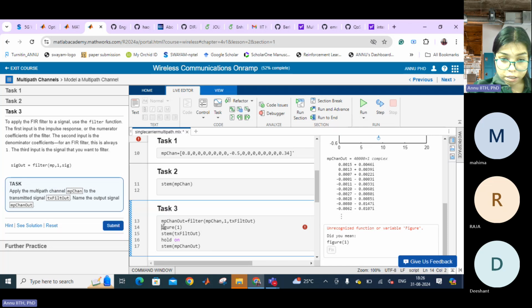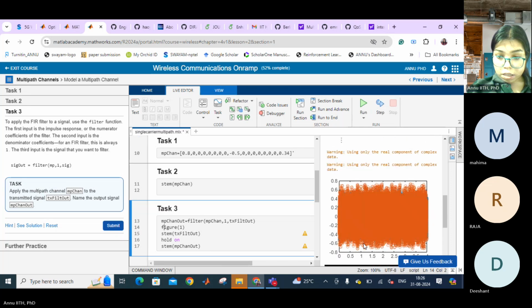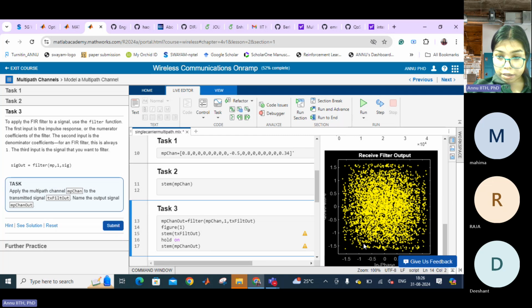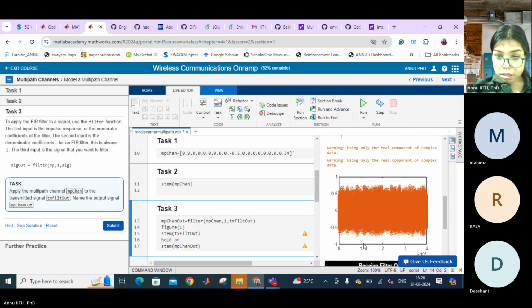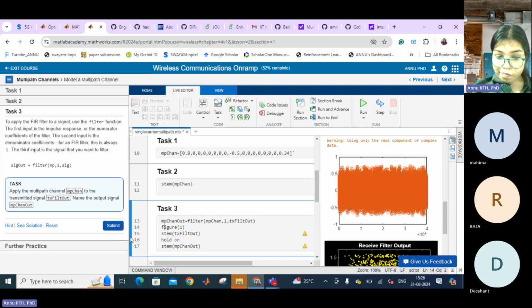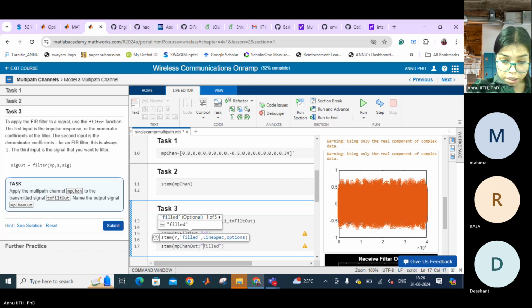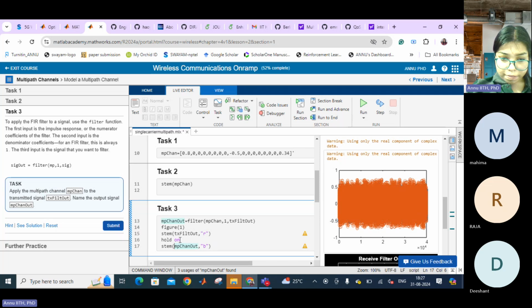I think so. So receive filter output showing this one. I can have different colors, red and blue. Basically, I want to see both of them.